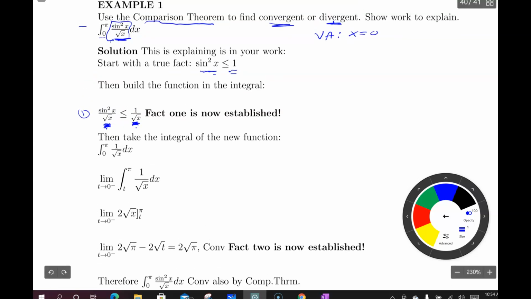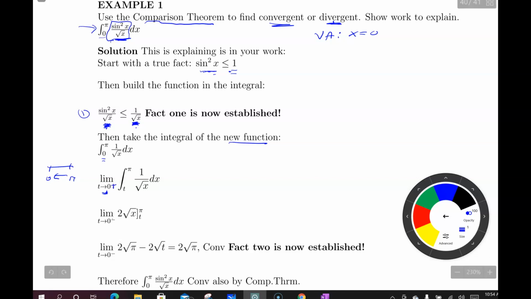So I pick up the limits of integration from the first problem for my new function. I know I have a vertical asymptote, so I have to write it as a limit. Going from 0 to pi, I'm coming in from the positive side.